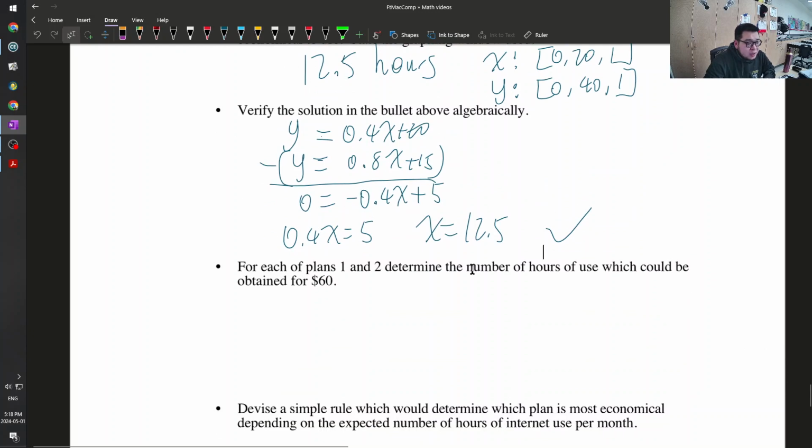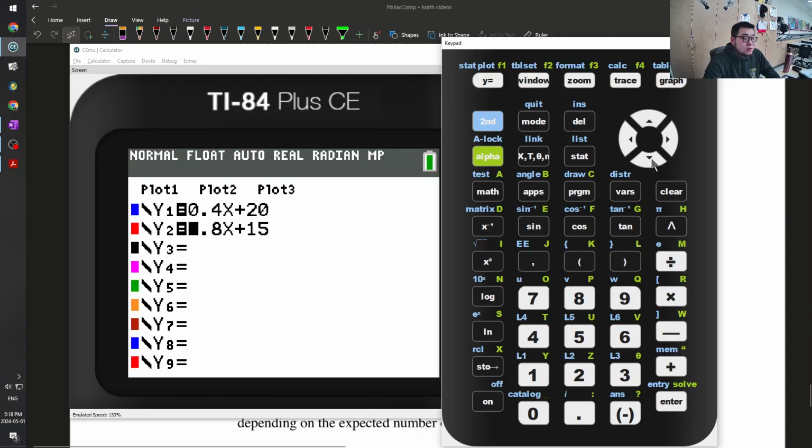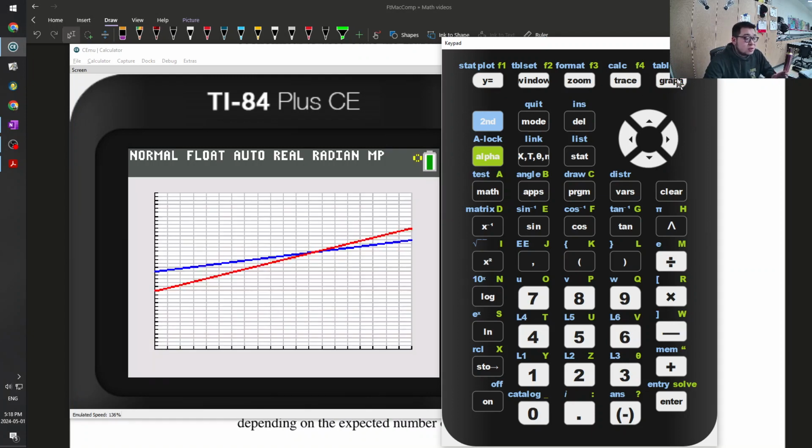For each of the plans 1 and 2, determine the number of hours which could be obtained for $60. So I do have a Y3, and it is equal to 60, and then we have to find the intersect of it equal to 60. So let's graph it. My Y value is not big enough, and my X value is also not big enough.